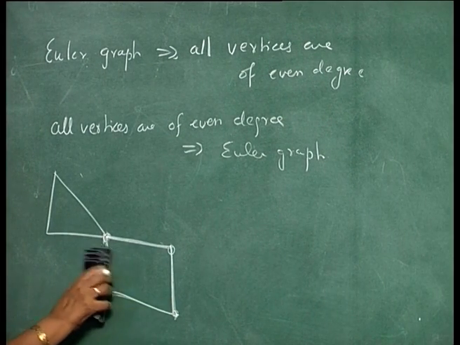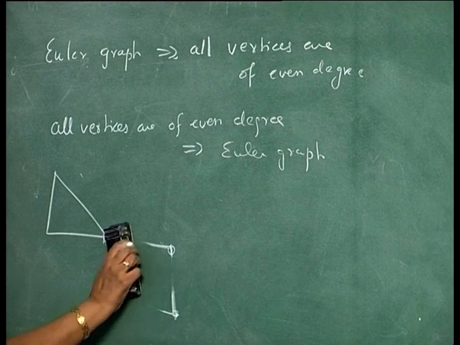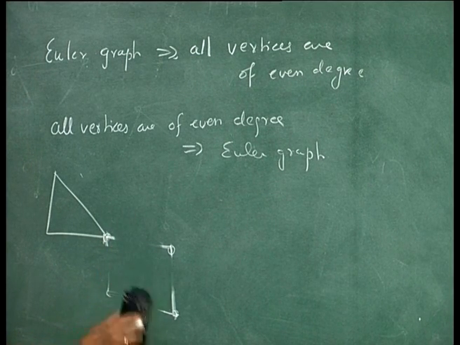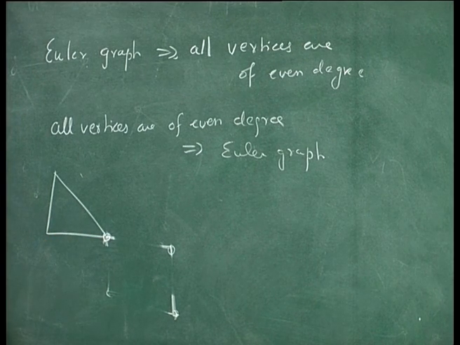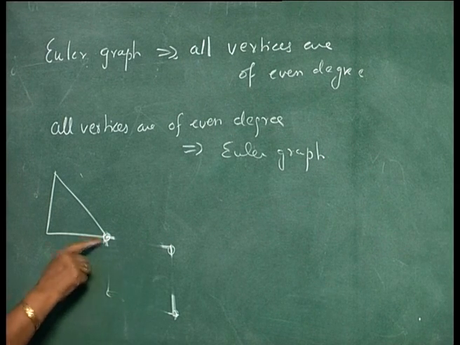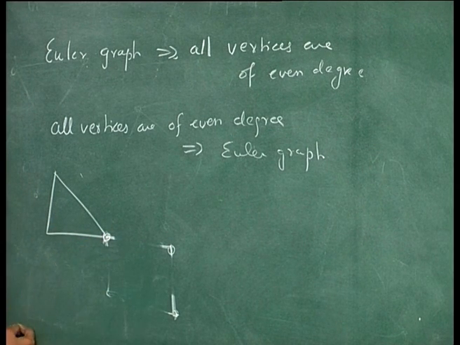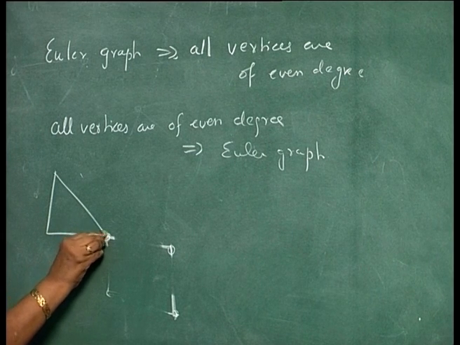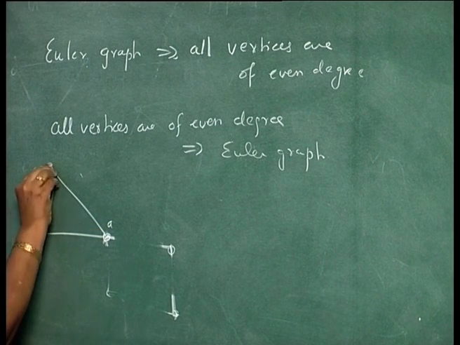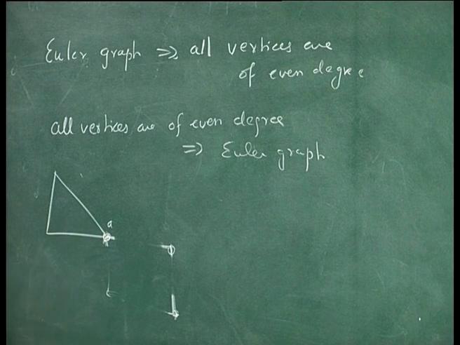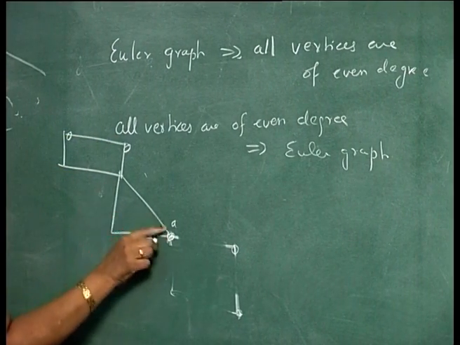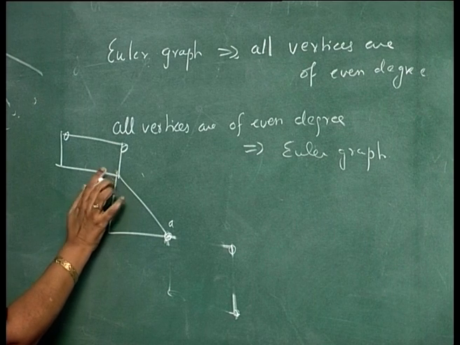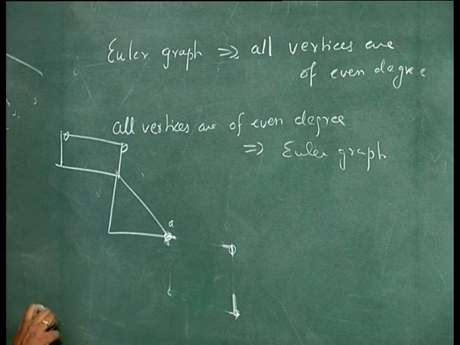So, remove all these edges. Now, the remaining portion will have at least one vertex which is common between this portion and the portion which you have already considered. Now, start at this vertex A and again consider a closed walk, and you will get one more. Suppose there is something like this. After traversing like this, you will be left with this, which again you can cover like that.